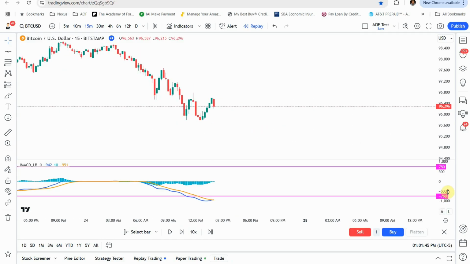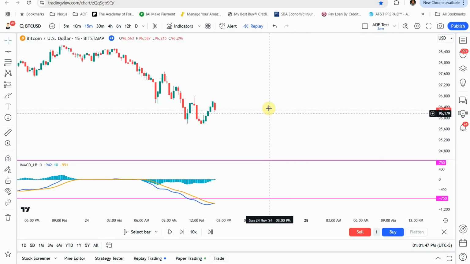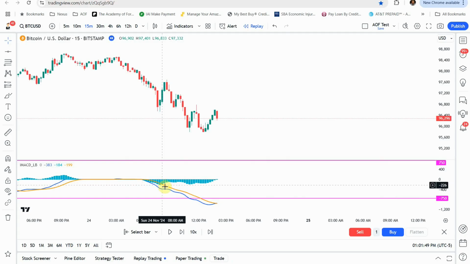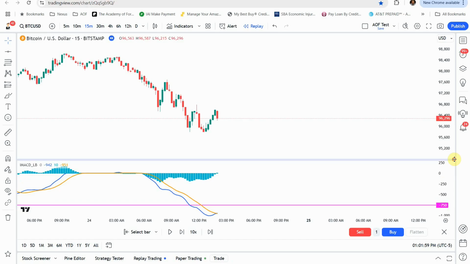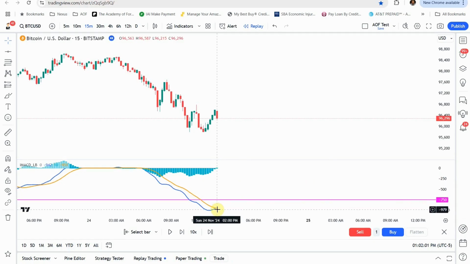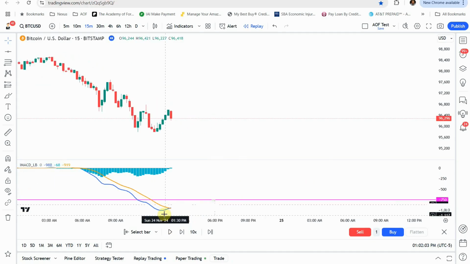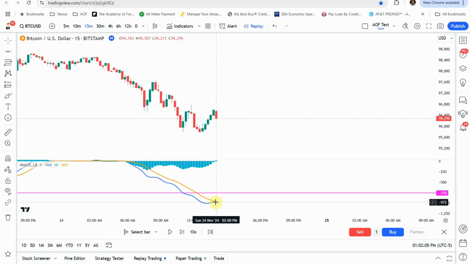For a long trade, we're looking for when the two MACD lines cross down below this purple line that we set at the negative 750. Then we're looking for when the blue line crosses up above the orange line, and it's kind of hard to see even if I zoom in.